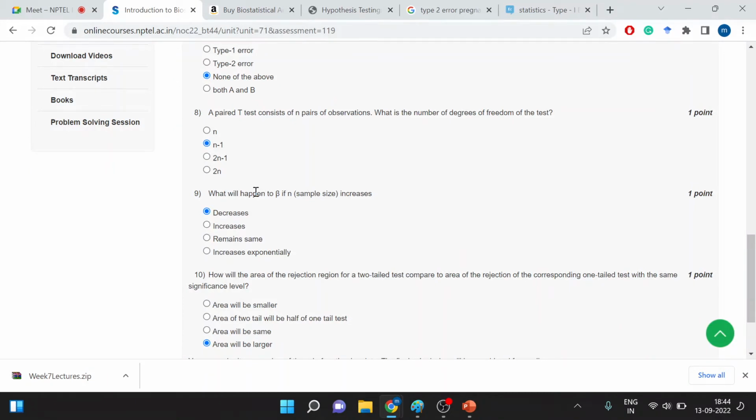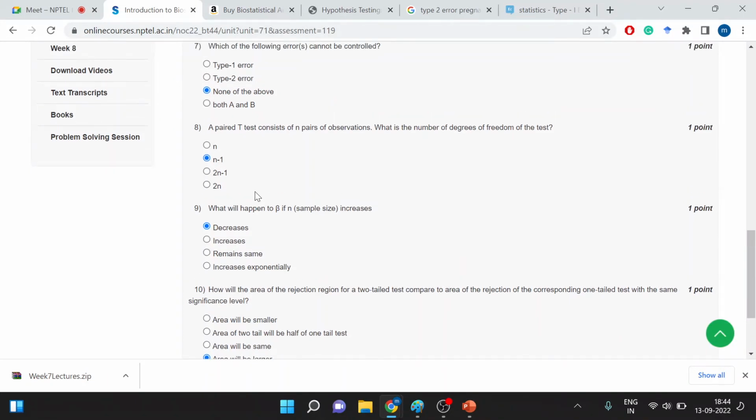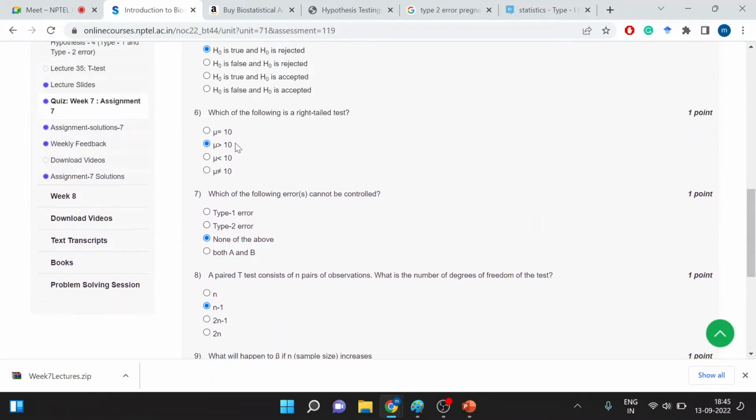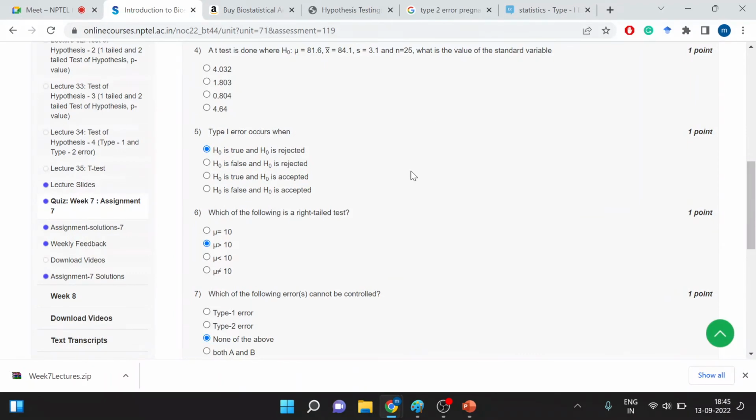Is there any relation between sample size and beta? No. There is no mathematical relation actually. It's heuristic. Whereas your type 1 error can be controlled, when I said that it can be mathematically controlled by increasing your alpha.